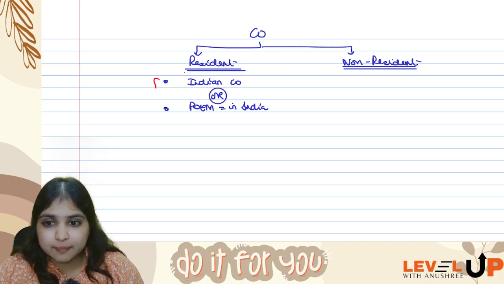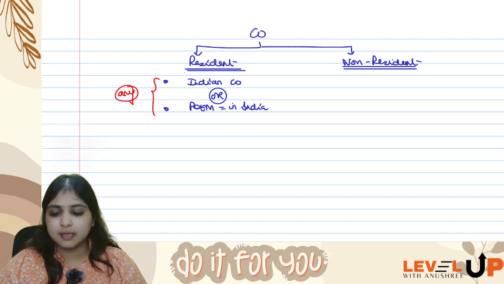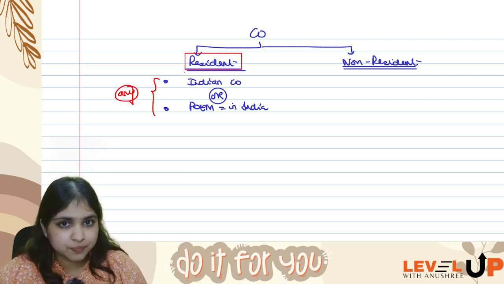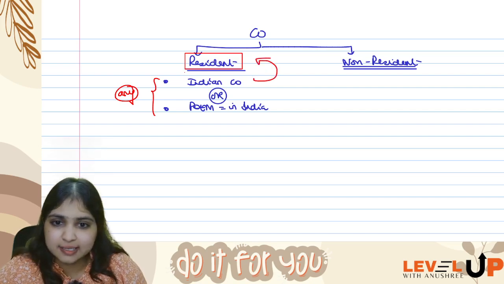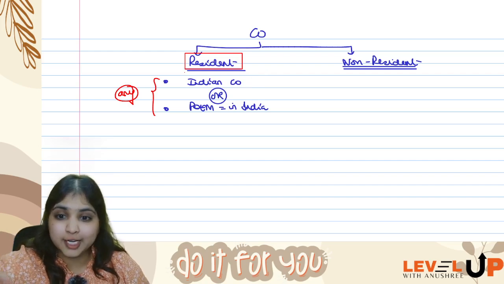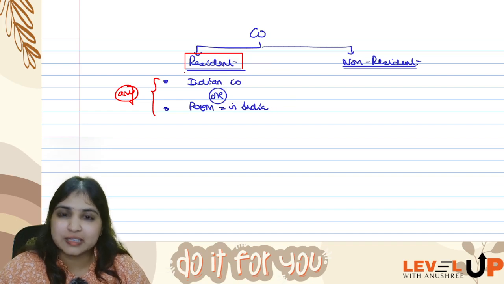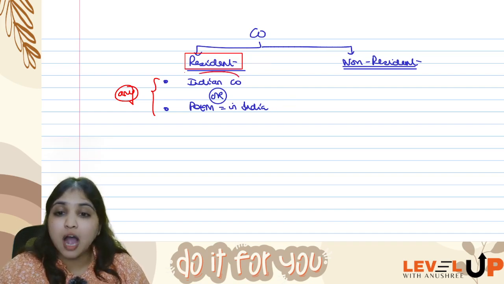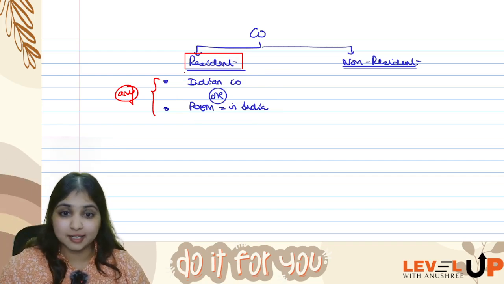I put the word "or" in between, which indicates if any of the two conditions is fulfilled, then your company becomes a resident. See, if it's an Indian company, I won't care about anything else. I'll say it is a resident. If it's a foreign company, but place of effective management is in India, then again I will say it is a resident. So out of these two, if even one criteria is fulfilled, company is a resident.